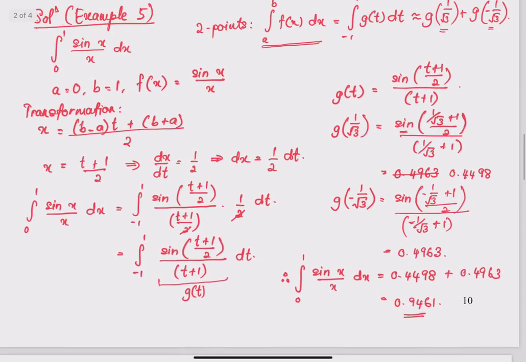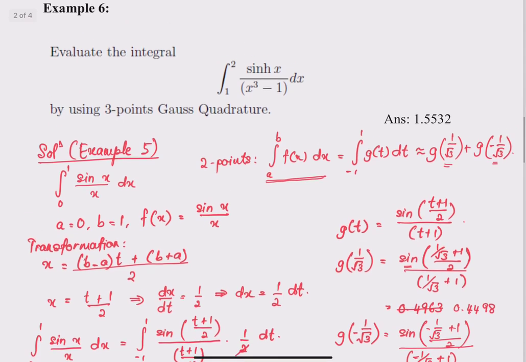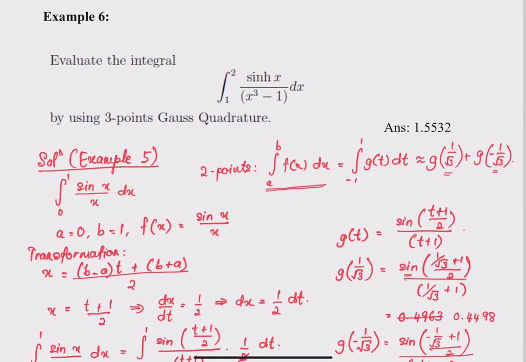So for example 6, evaluate the integral of sin x over x cubed minus 1 with respect to x from 1 to 2 by using 3-point Gauss quadrature. You can use the same procedure but now by using the 3-point Gauss quadrature formula.